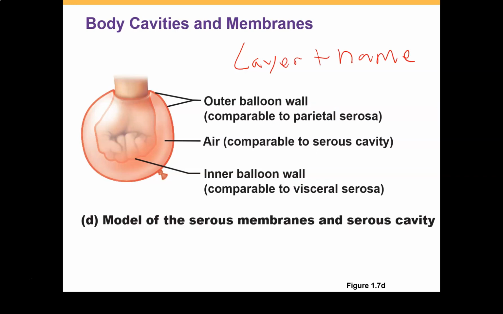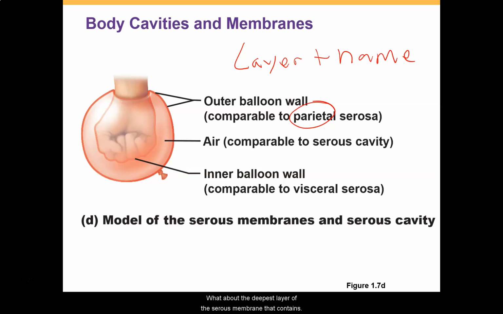So let's say we're talking about the superficial layer of the serous membrane that contains the heart. What layer will that be? So we begin with the word parietal because it's the superficial layer. The name of the serous membrane that contains the heart is the pericardium. Therefore, put it together, it is the parietal pericardium.